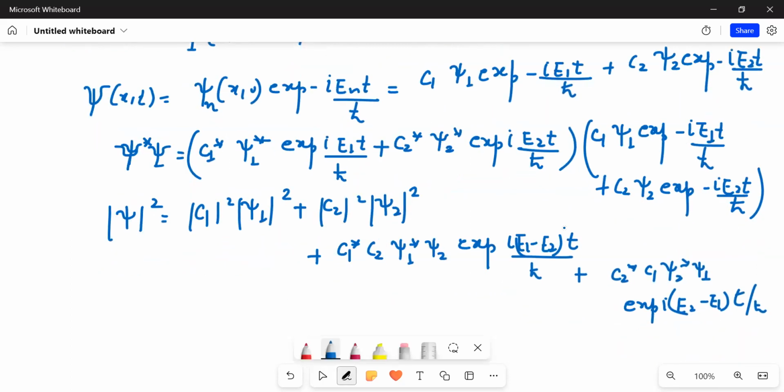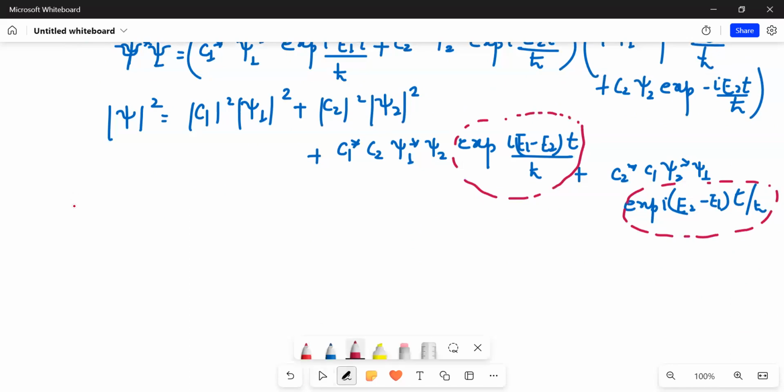You can see that this time dependent term is still there. So the probability density does not get rid of the time dependence when we are expressing the general wave function. We cannot get rid of this time dependence. It's still there.